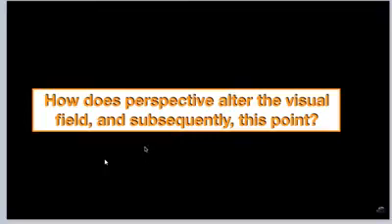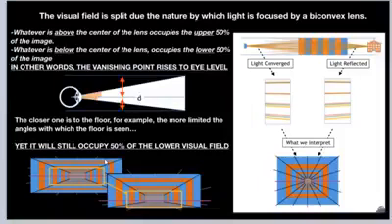So how does perspective alter the visual field, and subsequently this point? The visual field is split due to the nature by which light is focused on a biconvex lens. What is above the center of the convex lens is going to get focused as an inversion on the back of the lens, and what is below the center of the lens is going to get focused above.